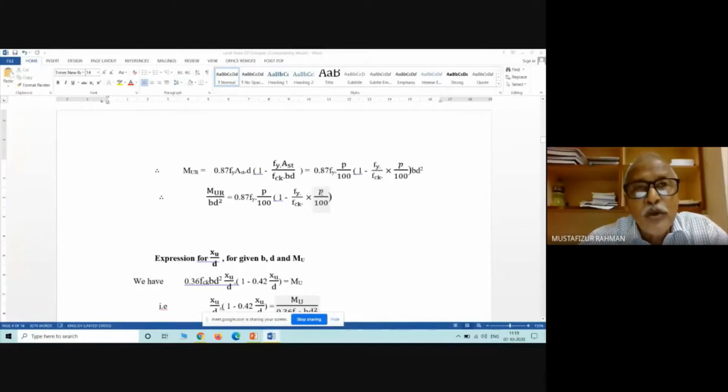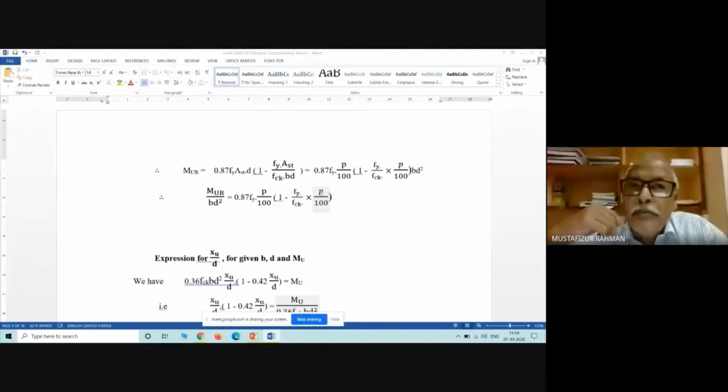Now from where will we be able to find it? In RCC, the BIS publication is called SP20. Now SP20 will not be allowed to be utilized in your student life.